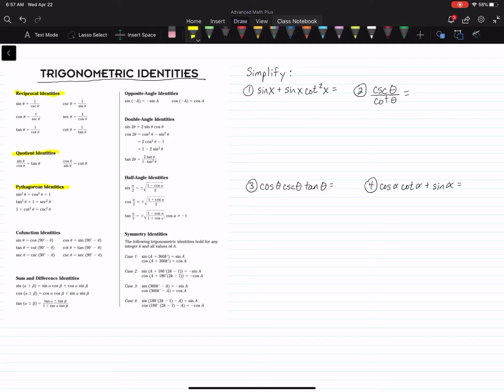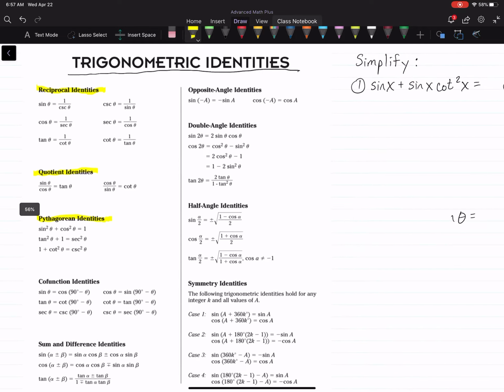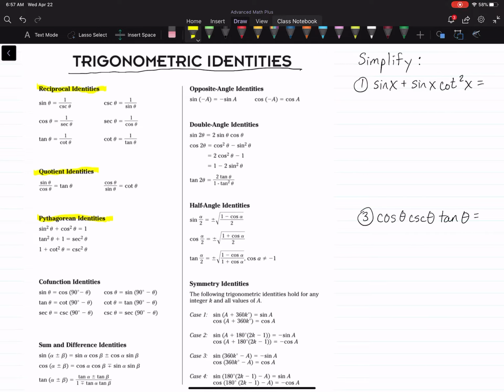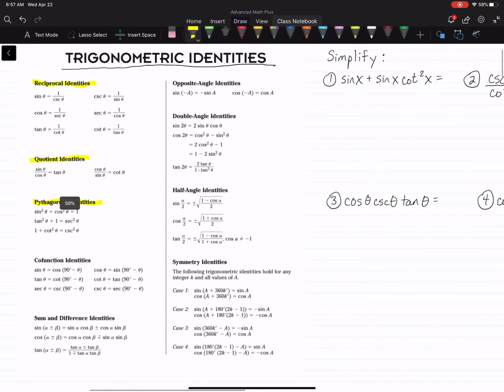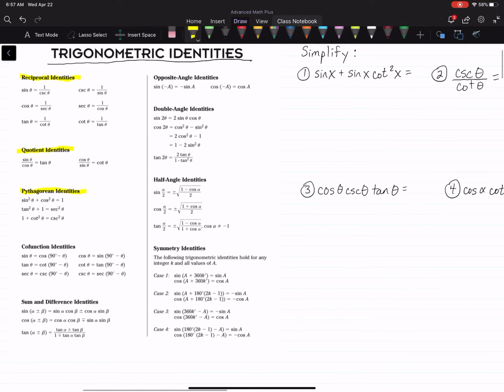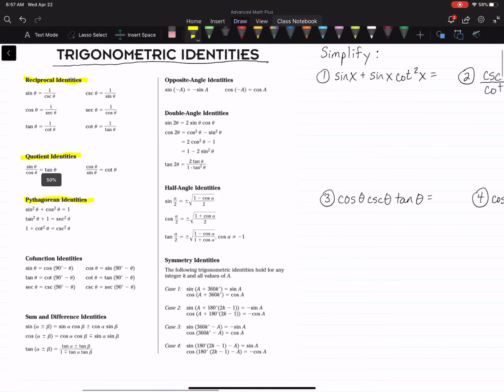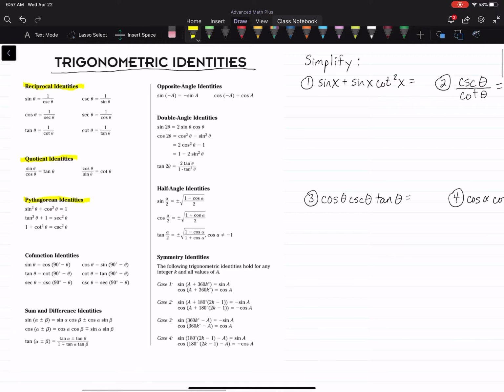To simplify trigonometric identities or expressions, there's a couple rules that you need to know, besides just memorizing these. The more familiar you are with these, the easier these problems are. Basically, to simplify them, I live by two basic rules.